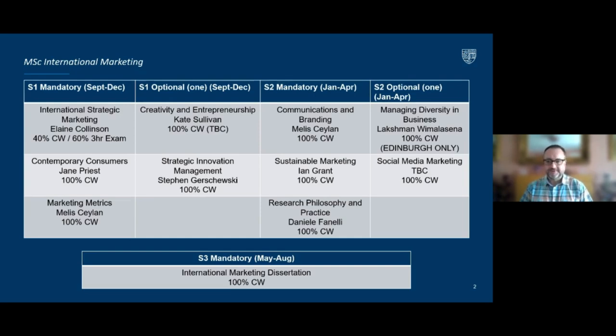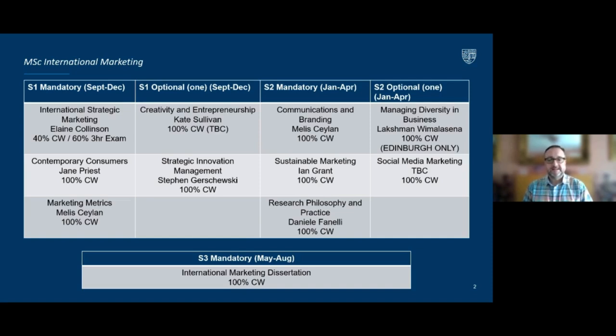Maybe there's one course that they just can't pass, or a couple of courses that they really struggle with, and they might leave with a postgraduate diploma or a postgraduate certificate. But the overwhelming majority of students graduate with an MSc, a Master's in International Marketing.